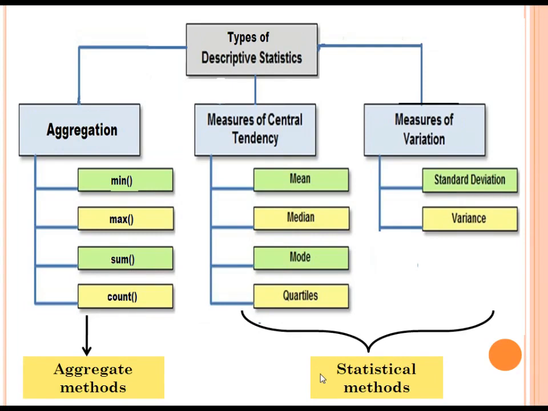Children, this aggregation part has all the aggregate methods, and these two parts, measures of central tendency and variation, have statistical methods, so they have functions according to that. In this video, we'll study aggregate methods only: min, max, sum, and count.